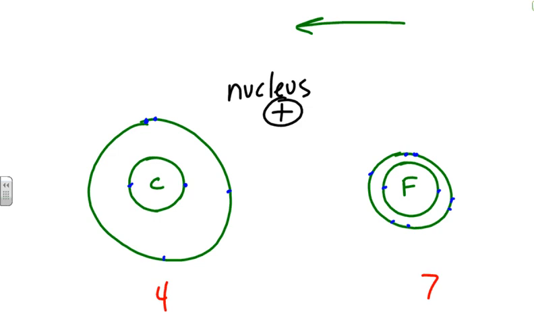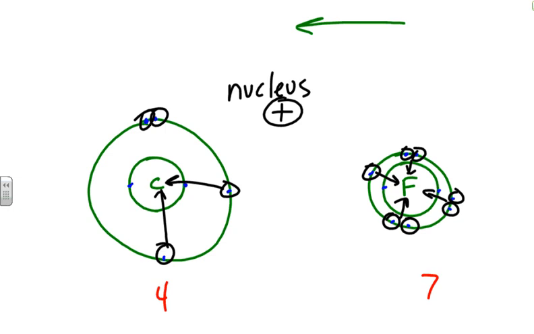They're opposites. So because I have 1, 2, 3, 4, 5, 6, 7 valence electrons here, they're being pulled in a lot stronger than, say, the carbon's outer electrons here.